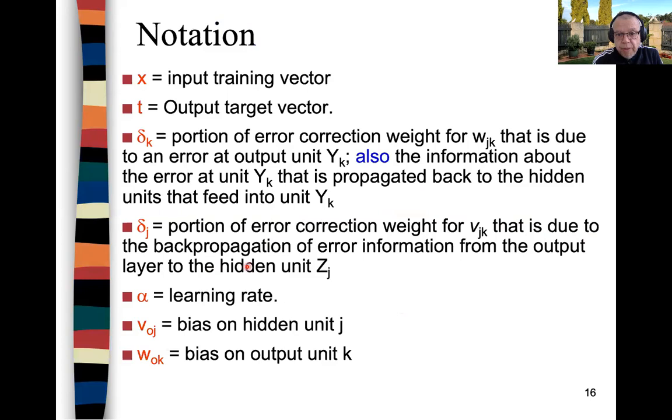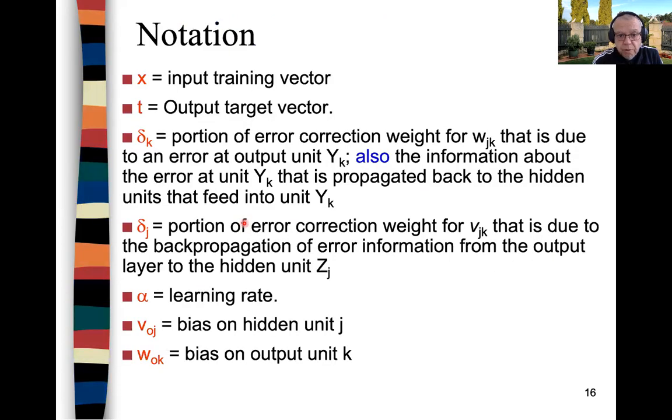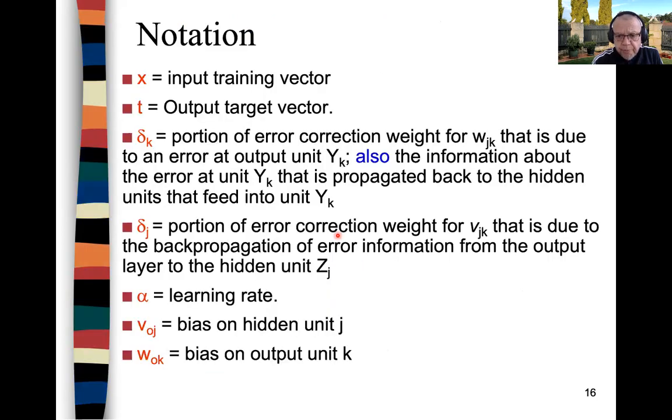It is due to the error information propagated from the output layer to the hidden unit.